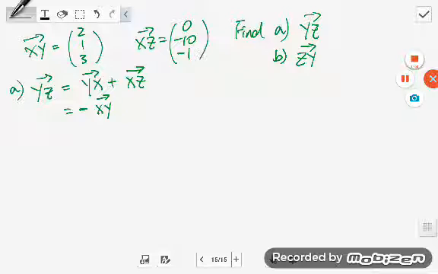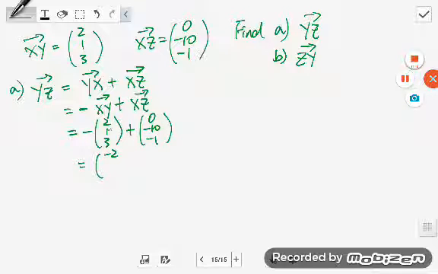This is the opposite direction, plus the vector of xz. So now I can just substitute the vectors given to us, plus 0, -10, -1. So my final results will be -2, and then -1 minus 10, that's -11, 3 minus 1, that's... -3 minus 1, that's -4. This is my vector of yz.